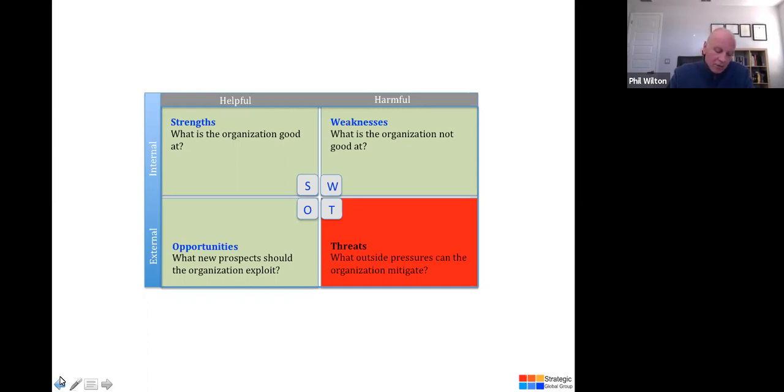So a weakness, for example, could be 20, 30 hires per month is a large turnover, all right? Because 20 or 30 hires a month may not be a large turnover in some companies, but in other companies it may well be. And we can talk a little bit more about those as we go through on the SWOT side. Some attributes that you put down will be more important than other attributes.